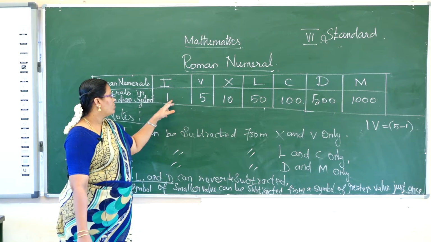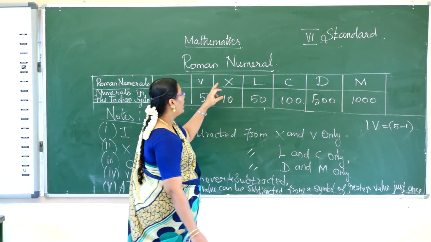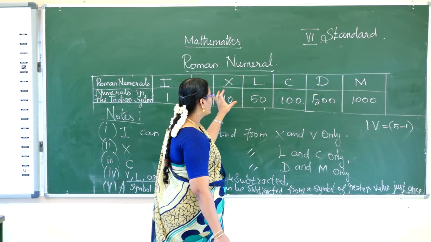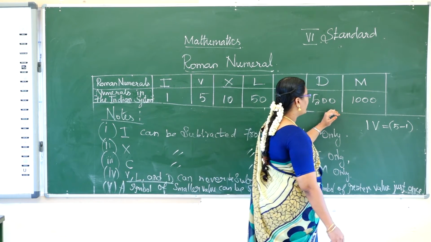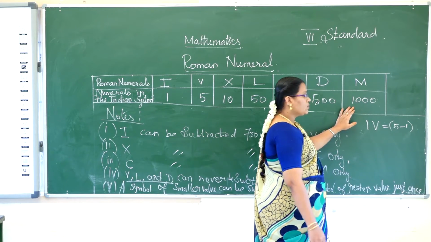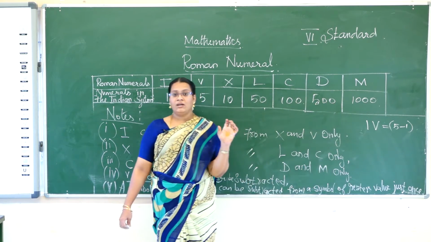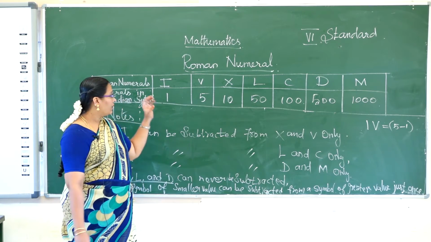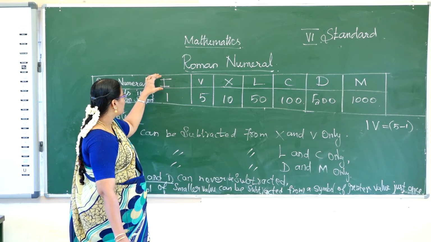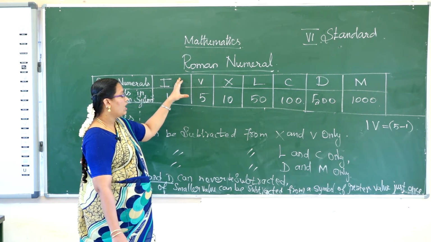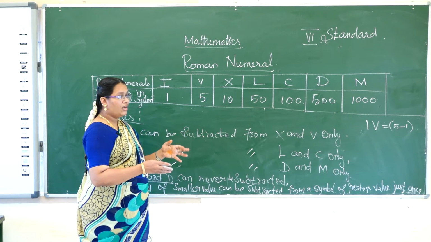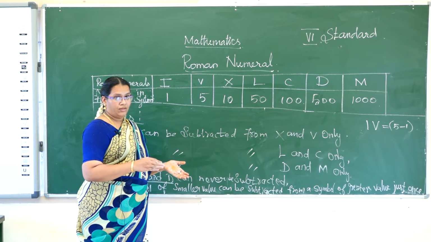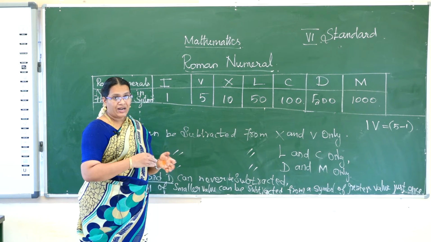So, I refers to 1, V refers to 5, X refers to 10, L refers to 50, C refers to 100, D refers to 500, M refers to 1000. So, first rule is bigger value. Come to the next one, a smaller value we can add, and the second rule, the smaller value coming before the biggest value is subtracted in that place.